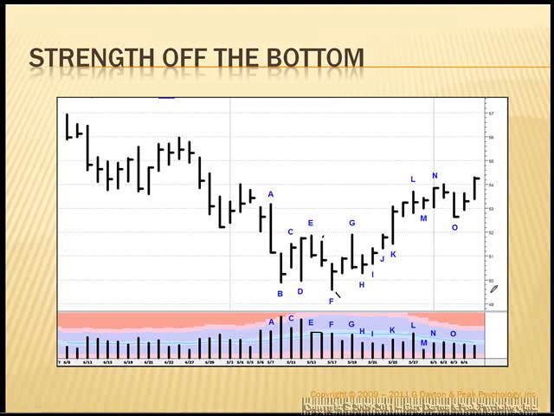Average size bar, closing near the high on average volume, right. Anybody else? What's the significance of this bar?